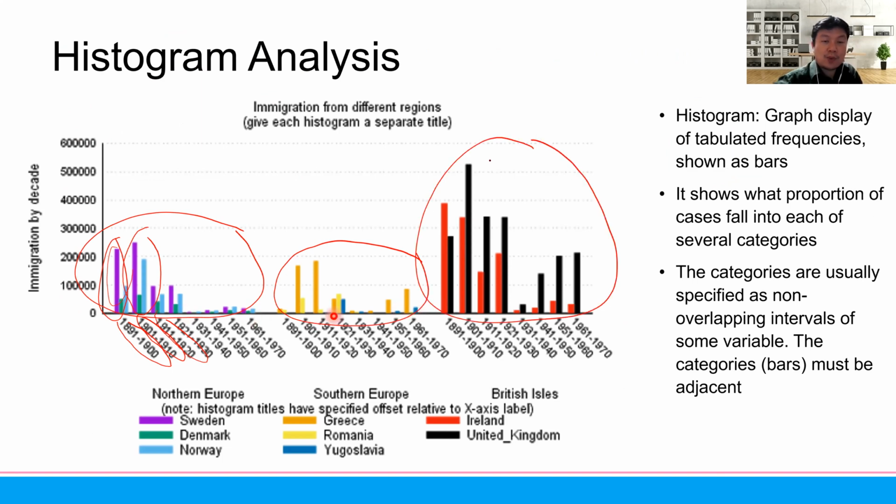By using this histogram analysis, we can see some cases that fall in this category, and we can see some here in Ireland and the United Kingdom. I think there are many immigrants, the immigration by decade. There are many immigrants here compared to other countries, like in Southern Europe and Northern Europe.